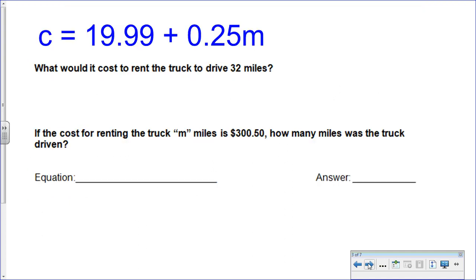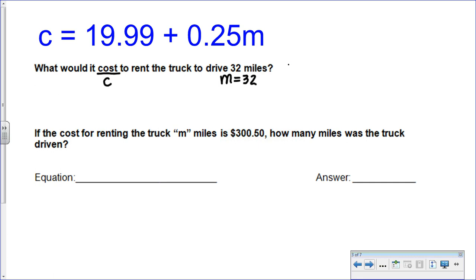Let's answer some questions about this function. What would it cost to rent the truck to drive 32 miles? Since they're asking for the cost, we're going to solve the equation for C. They're giving us 32 miles, so this represents M. M equals 32.